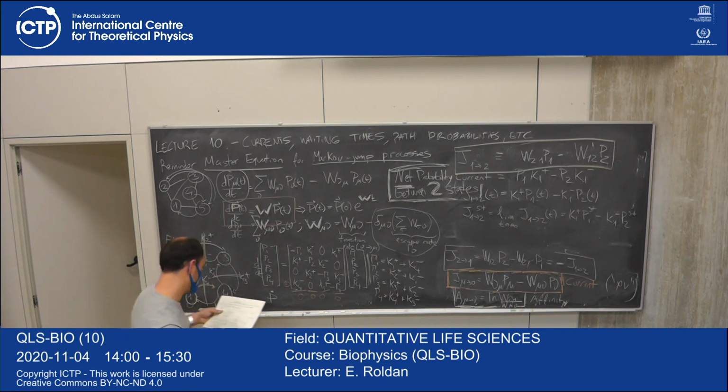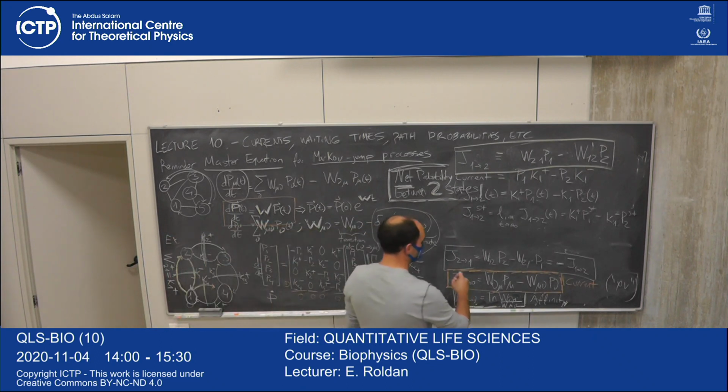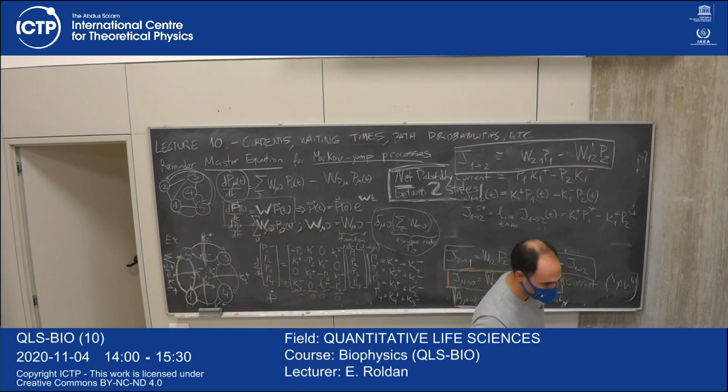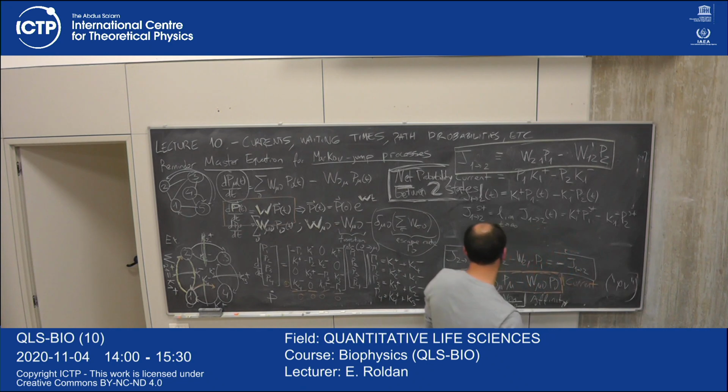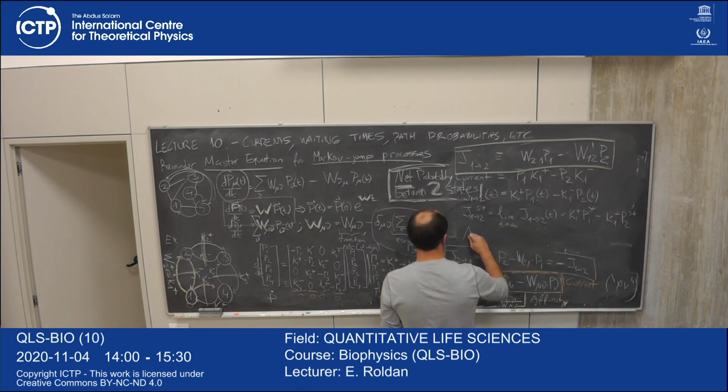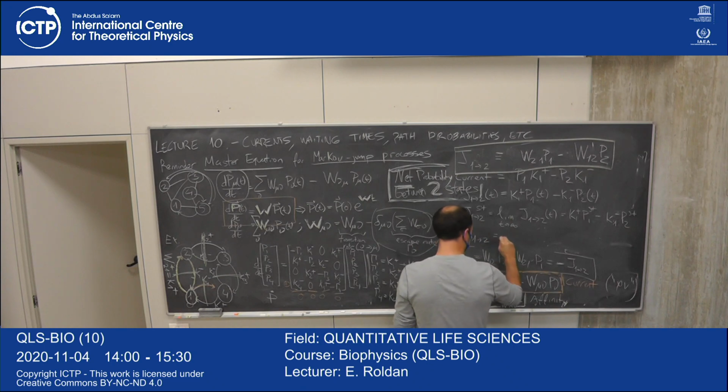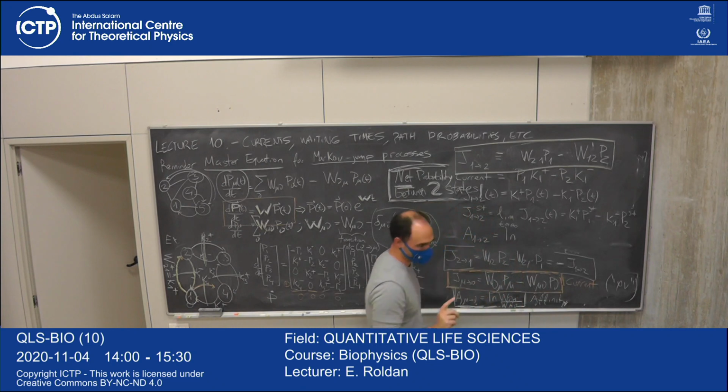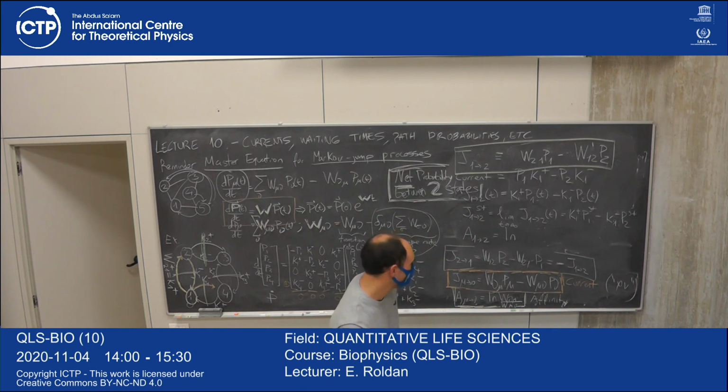Excuse me, Professor, we cannot read well the affinity formula. Okay, so I give you the example and then you will see. In the example, it will be the logarithm. I put ln. For me, ln is natural logarithm. Some people call it log, but I put ln.